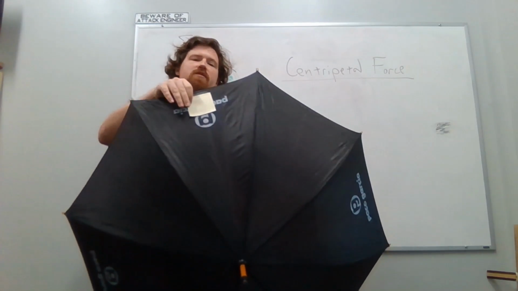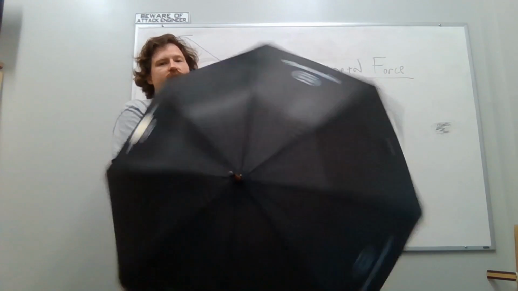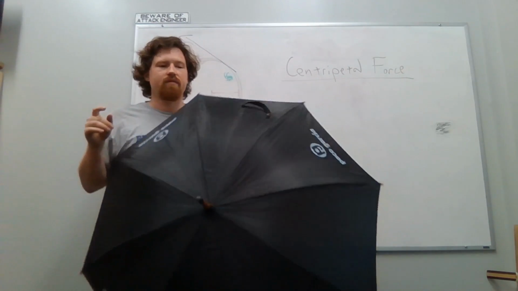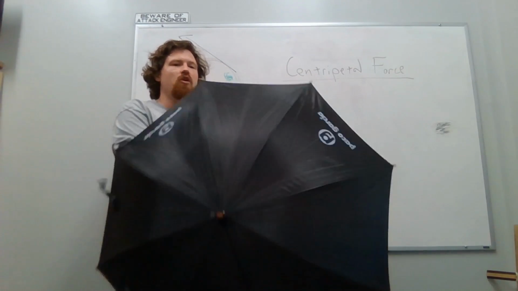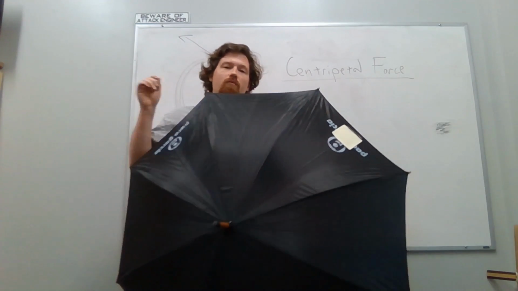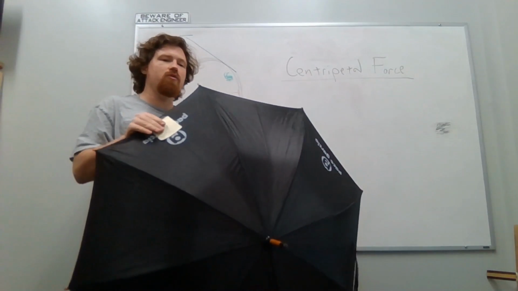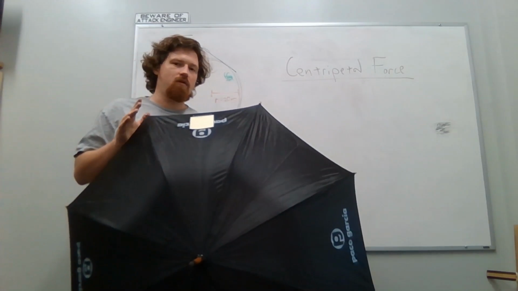If this was just a normal piece of paper that I just held right here and I then began spinning, without any tape, without any sticky adhesive material, there's not going to be anything keeping the sticky note on the umbrella. Therefore, the sticky note's not actually going to rotate if it's not stuck to the umbrella. There has to be some force keeping the sticky note to the umbrella, keeping it moving in this orbital pattern in order for it to actually do so.